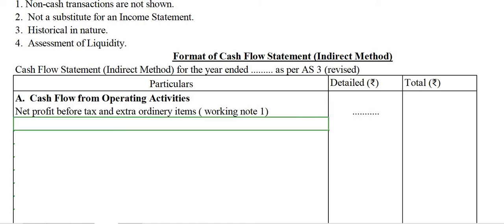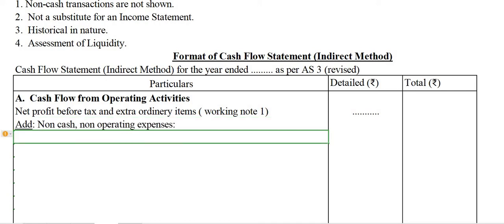The next item, all non-cash, non-operating expenses will be added. See why this method is called the indirect method. Its answer you will get here. Because we are not directly taking any cash items or non-cash items here to add with operating activities.